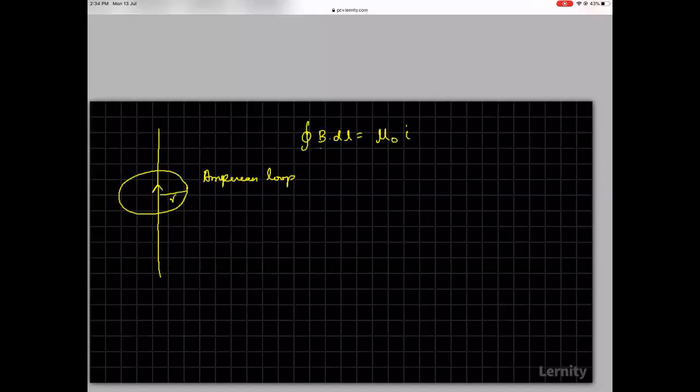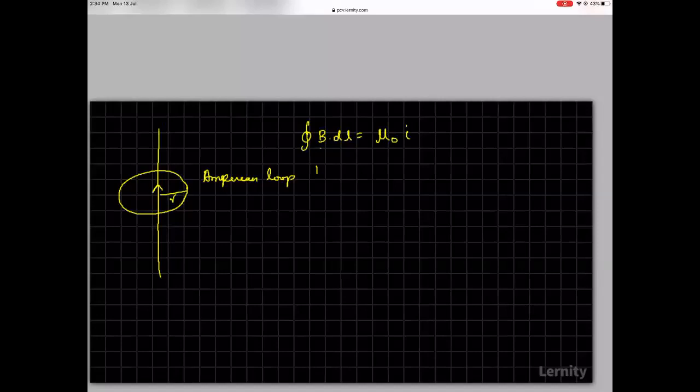Now suppose there is an infinitely long current carrying wire, and you want to know what is the magnetic field here. I draw an Amperean loop around it. Integral B dot dl is equal to mu naught into I. B is constant because it's at a constant radius.